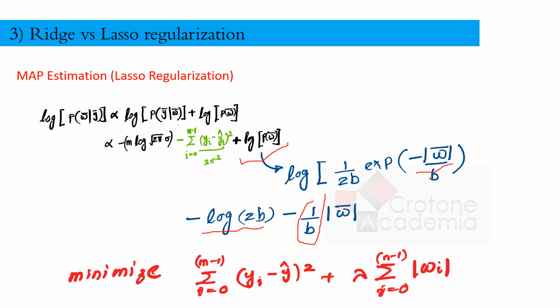So this is known as Lasso regression. In the ridge regression, the regularization term was the sum of squares of the parameters. In this case, it becomes the sum of absolute values. That is the only difference between ridge regularization and Lasso regularization.